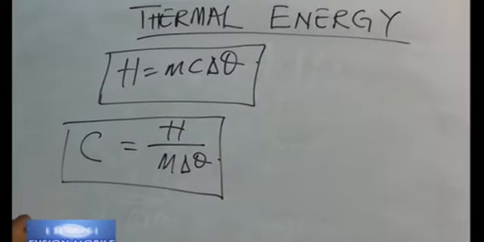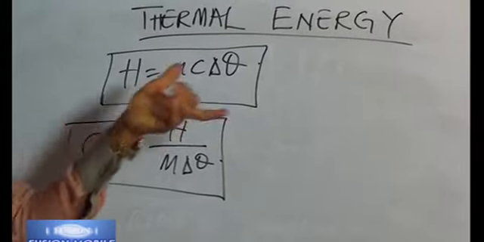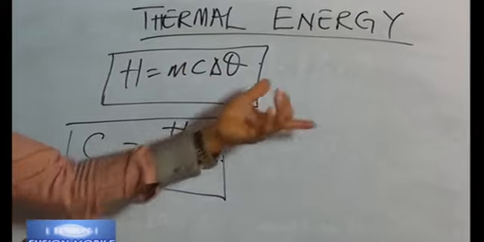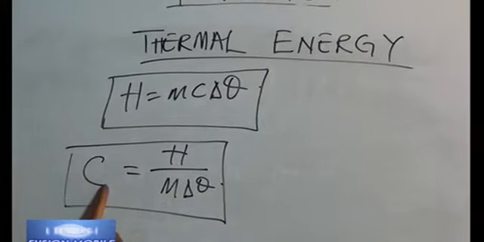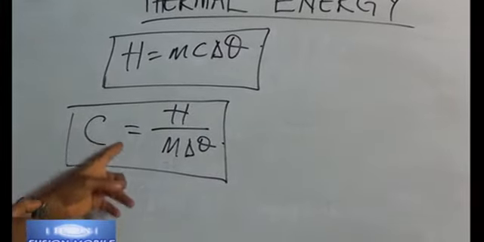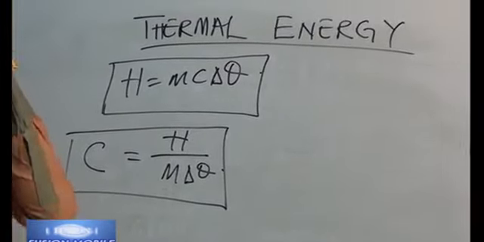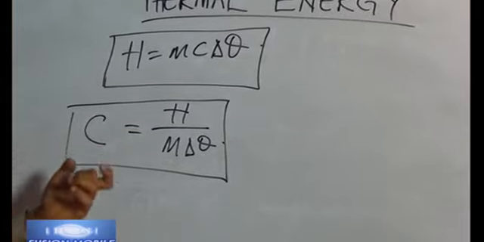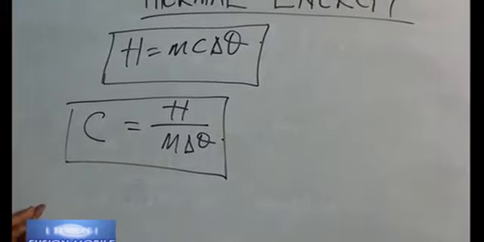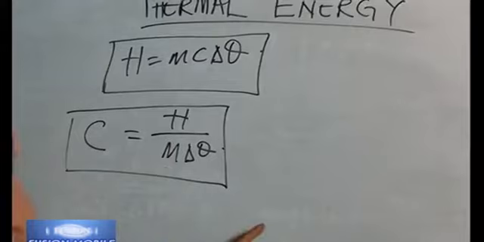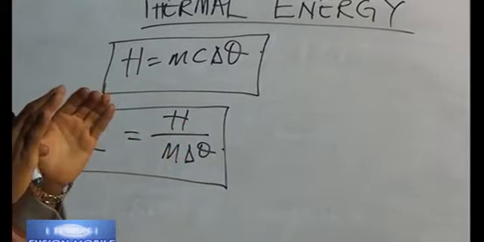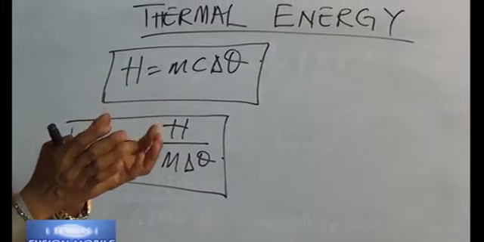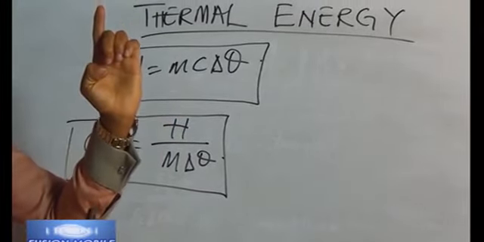In physics also, we have heat capacity or thermal capacity, which is not specific. The word specific here simply means that this is working on a unit mass, maybe 1 kilogram. But heat capacity is the quantity of heat required to raise the temperature of the whole mass of a body through 1 degree rise in temperature.